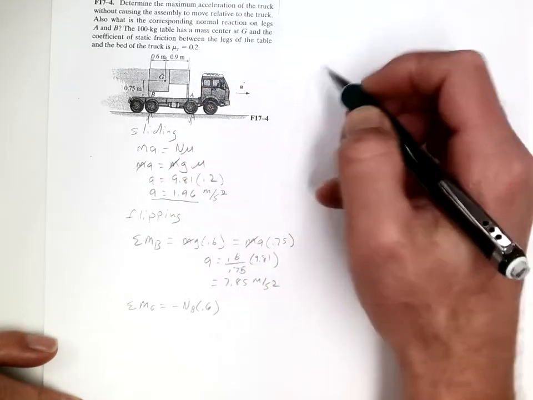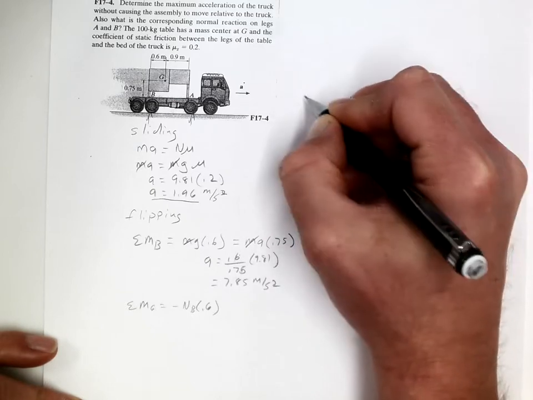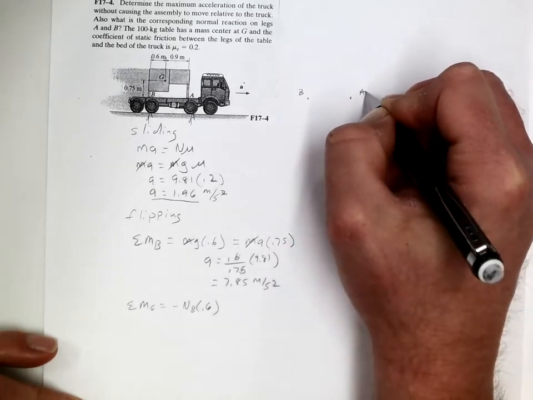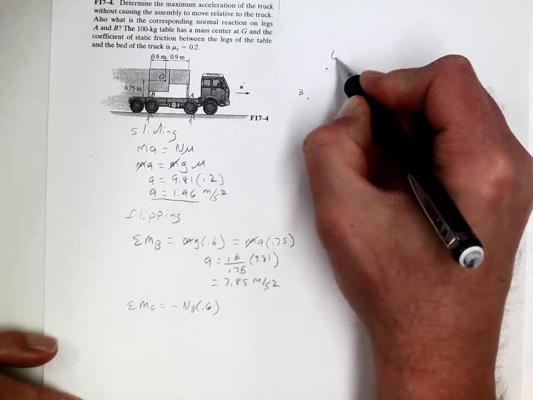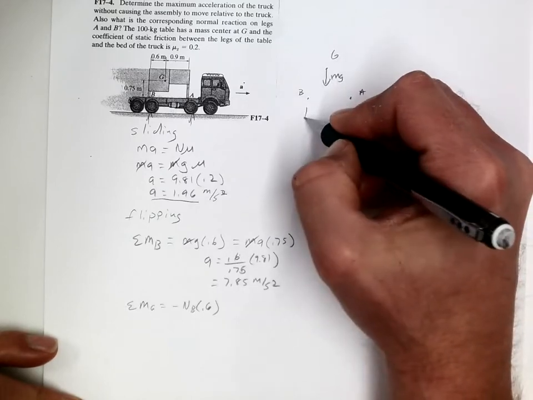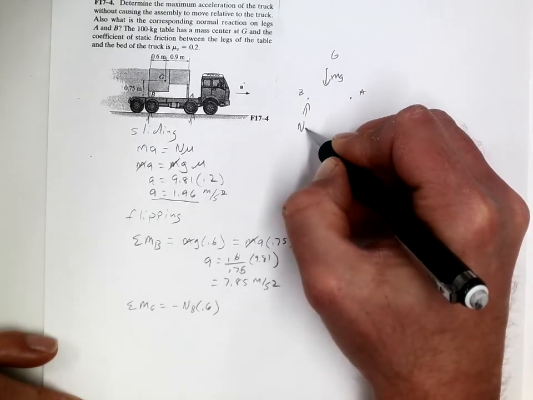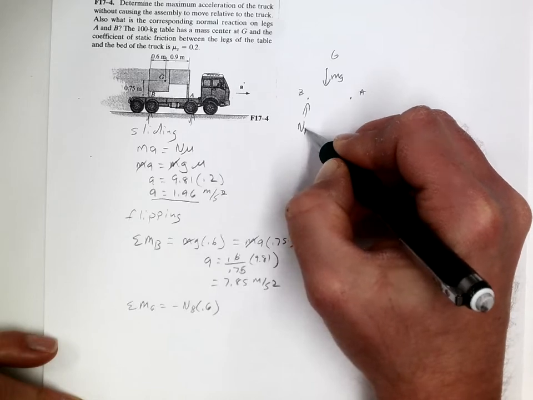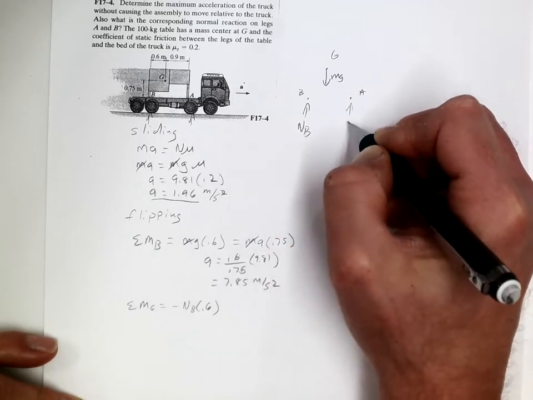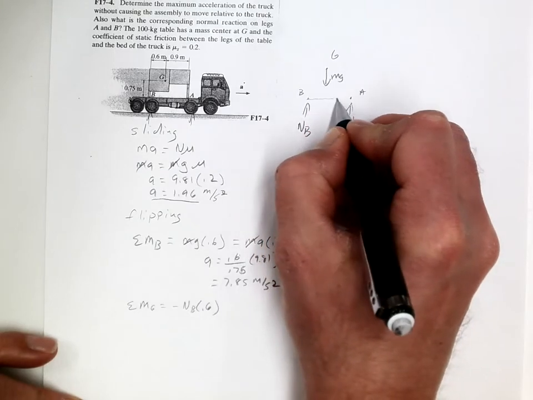Let's draw this free body diagram over here. I've got B, I've got A, and I've got G. So we have mg down, normal at B, normal at A, and we also have the force of friction.